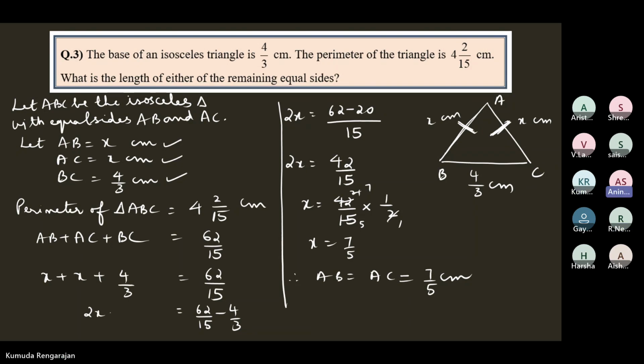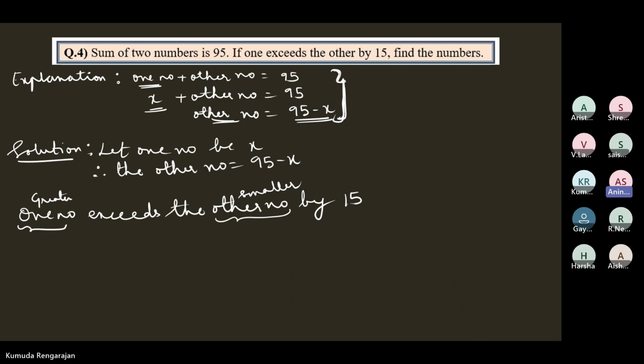Ma'am, I did the same question, question number 4, but I did it in another way and got the same answer. Ma'am, for me, the first number is 40 and the second number is 55. Okay, fine. So you have assumed the other number to be x and one number as 95 minus x, is it? No, ma'am.